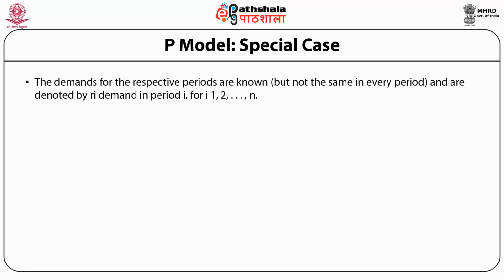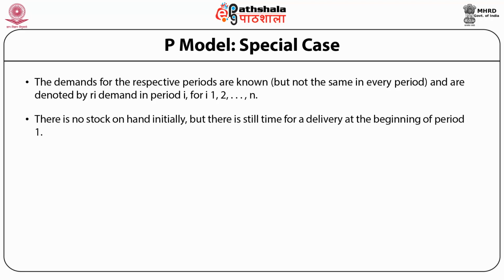So, we mainly will use the terminology of producing the units. The demands for the respective periods are known but not the same in every period and are denoted by Ri, demand in period i for i equal to 1, 2 up to n. These demands must be met on time.